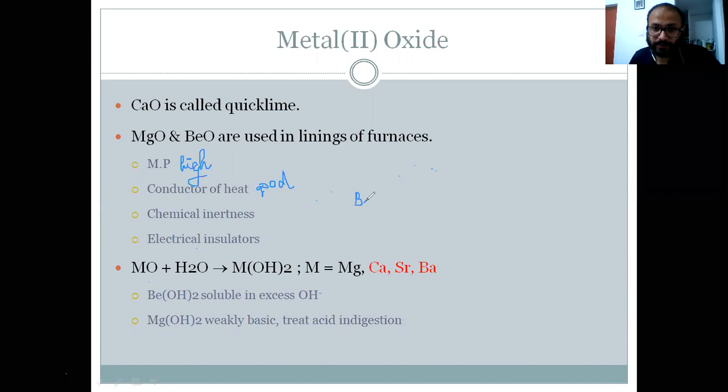Like I'll show you here, when you react beryllium hydroxide, Be(OH)2, with excess of OH minus, it actually forms a tetrahydroxy beryllate complex. So this is Be, okay?